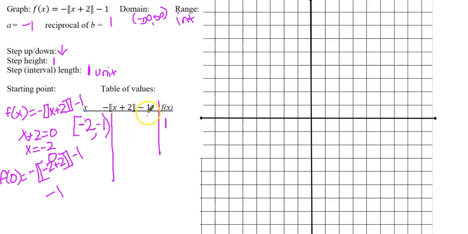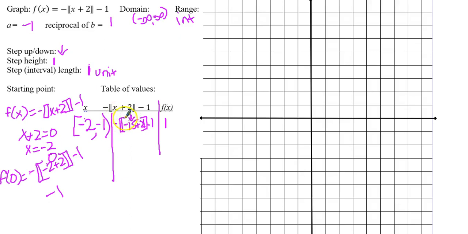And then, of course, you can plug all of that in and you would see you can pick a number between them. Like, for example, negative 1.5 plus 2 minus 1. When you do that math, negative 1.5 plus 2 is 0.5. And that rounds down to 0 according to your greatest integer.